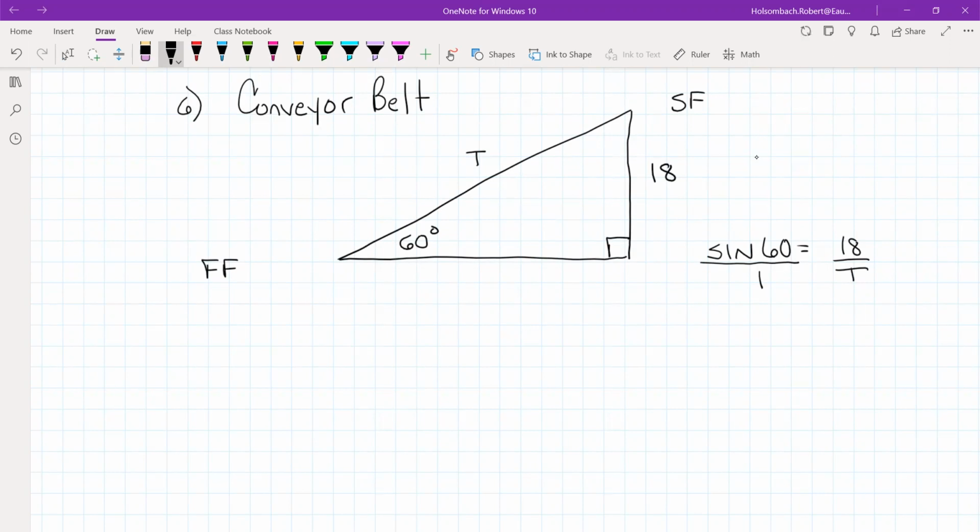Sine 60 times T is sine 60 T, and 1 times 18 is 18. And then we divide both sides by sine 60. Sine 60s cancel, and your T falls down. So T equals 18 divided by sine 60.